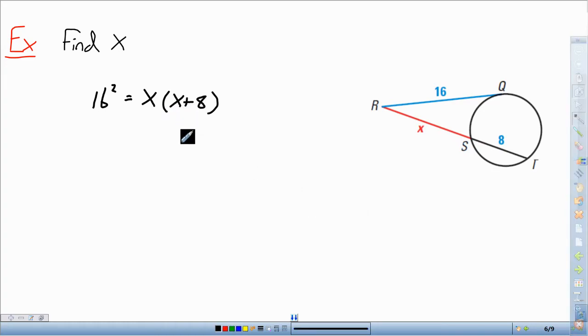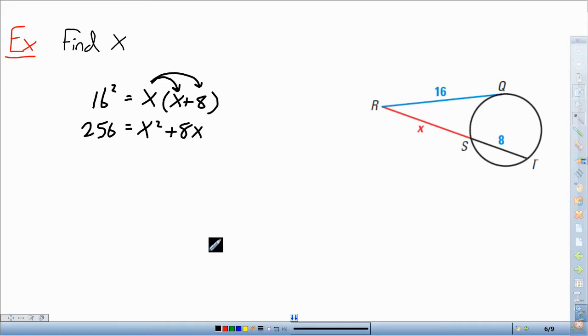All right, so taking a look at this, you might start to see why this is going to turn into a little bit more elaborate problem. When we go to distribute our x, and by the way, we can square our 16 in the same run, so let's see, looks like we're getting 256 on the left. On this one, x times x is x squared. X times 8 is a positive 8x.